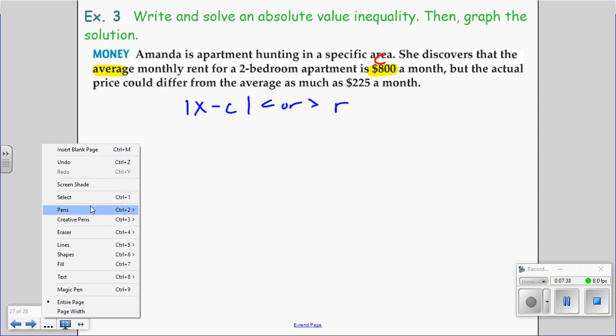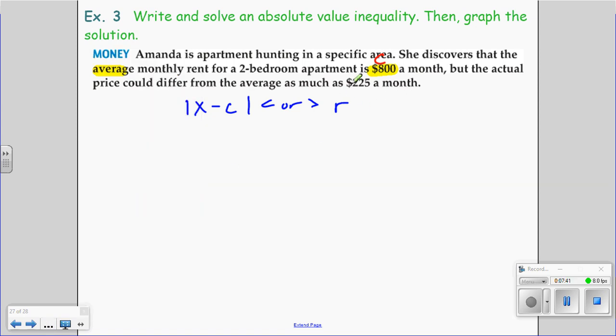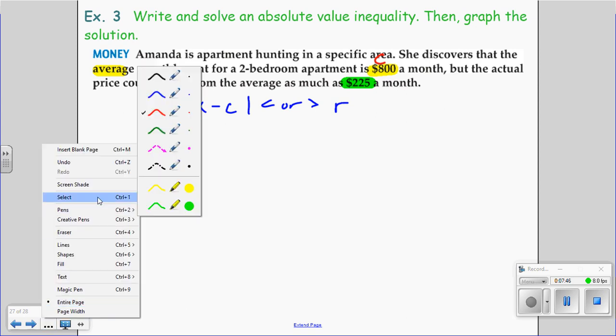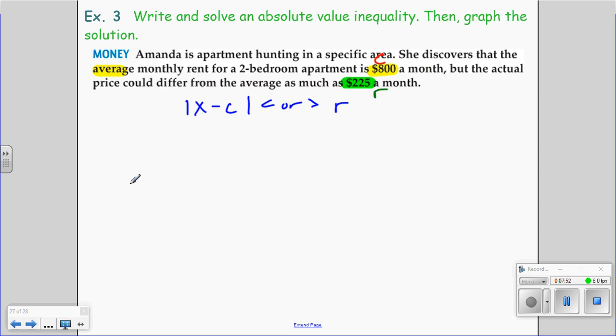So that's your range, R. So we're going to use less than in this scenario because we don't want to spend more than what is required of us. So we're going to have the absolute value of x minus 800 is less than 225. So that's the inequality.